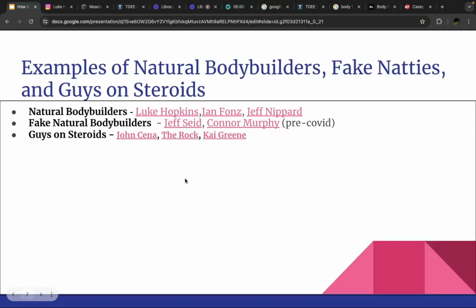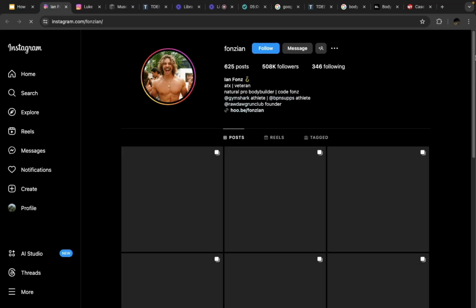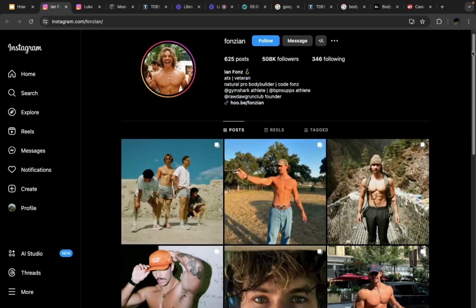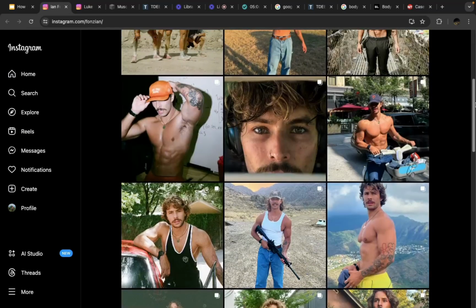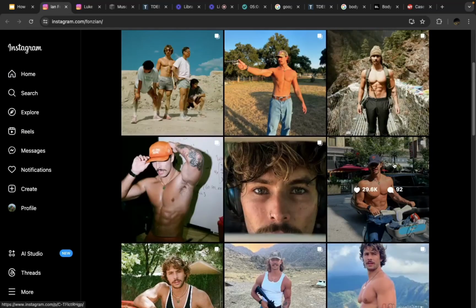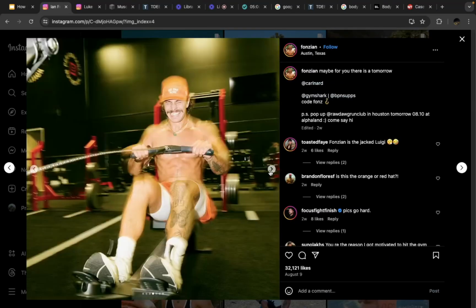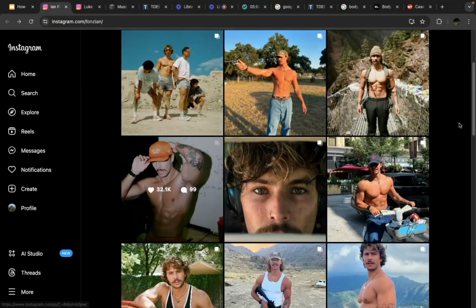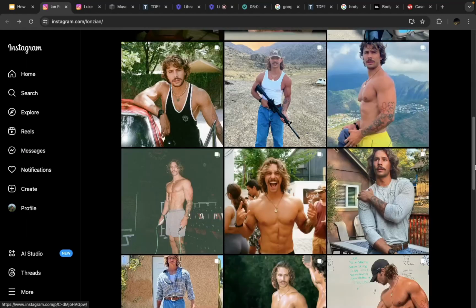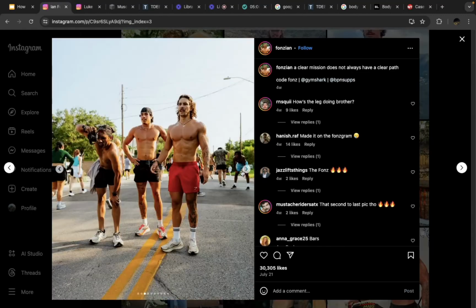All right, here's another example. We got this guy. He's also a former professional natural classic bodybuilder. Again, you look at this guy, you think, oh, he's a pretty big dude, but he doesn't look massive, right? He looks really fit.